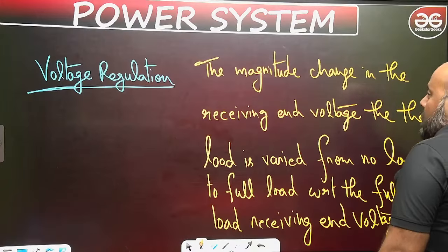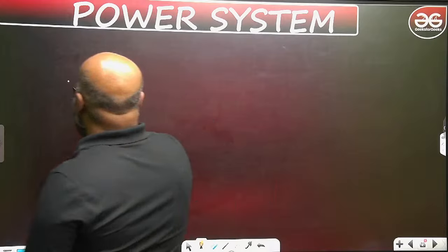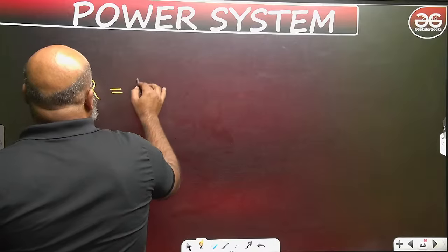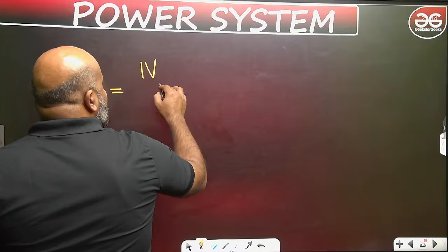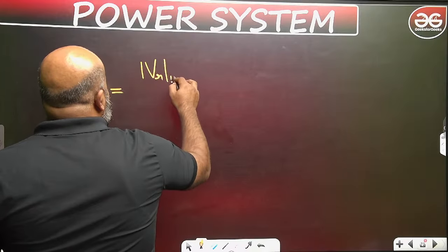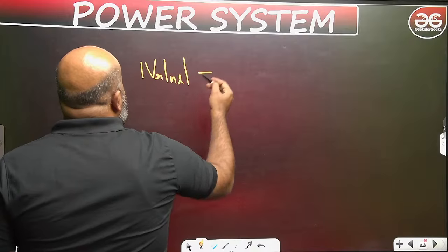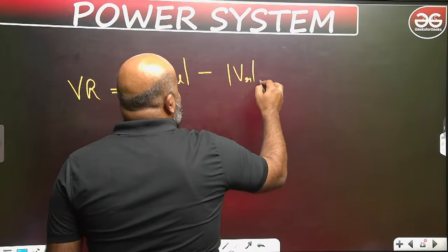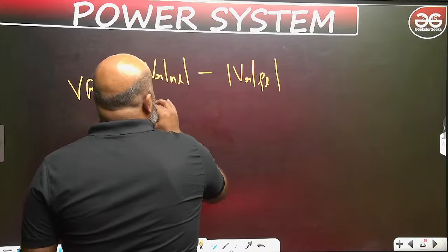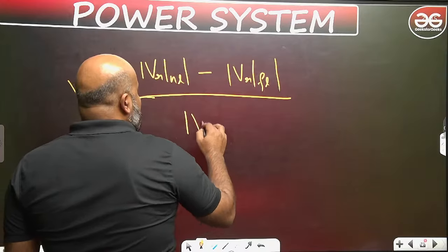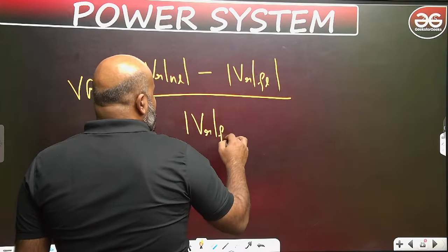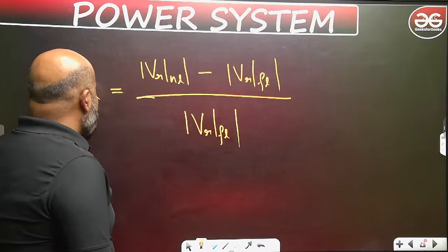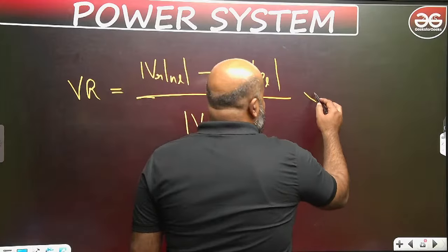So in terms of an equation, how are we defining it? Voltage regulation is equal to magnitude of VR no load minus VR full load, divided by VR full load, multiplied by 100.